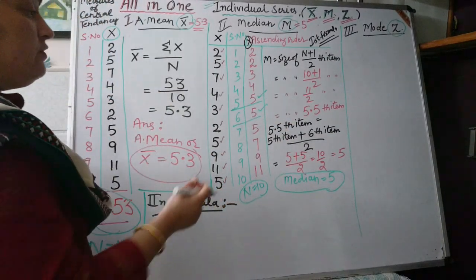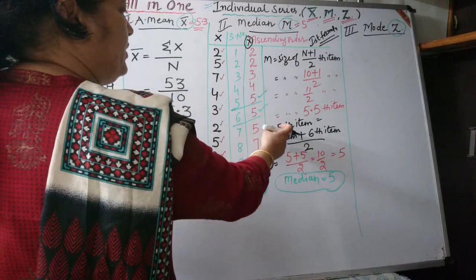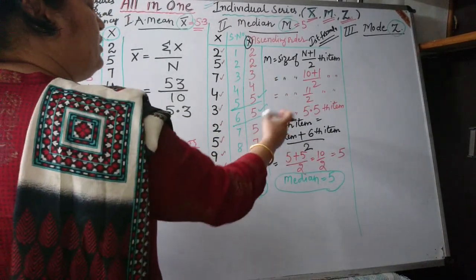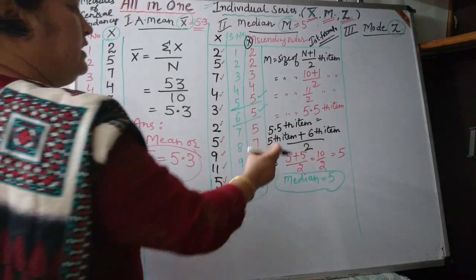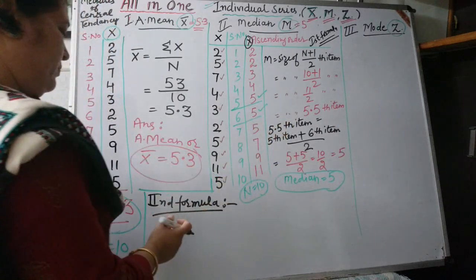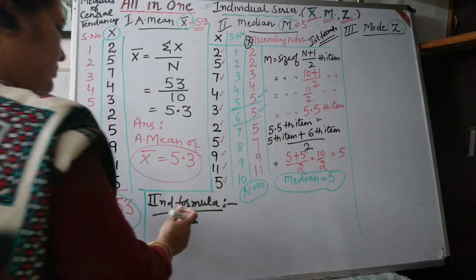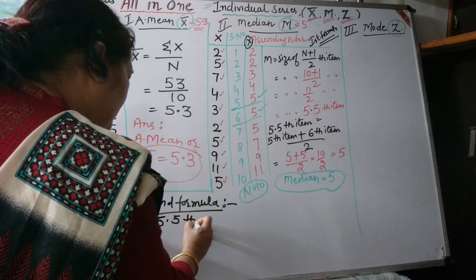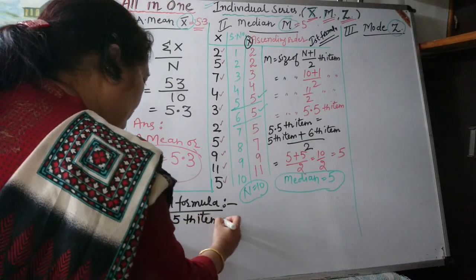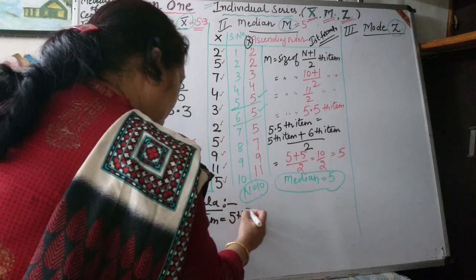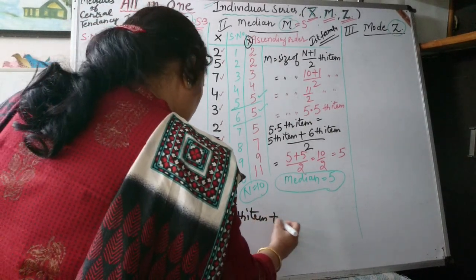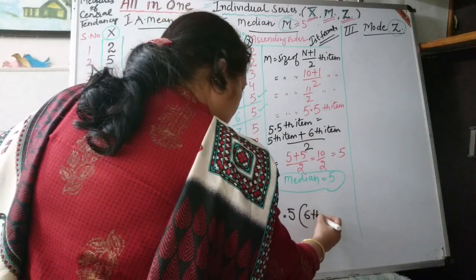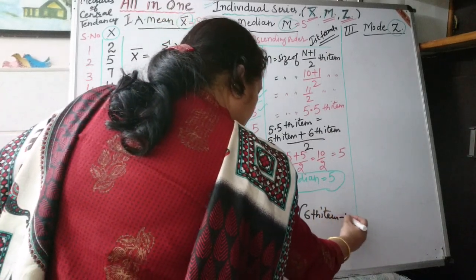But suppose instead of 5.5 you have to calculate 5.25 or 5.75, then this method is not appropriate. Then we will follow this method. It means here I am writing down 5.5th item is equal to 5th item plus 0.5 and in the bracket 6th item minus 5th item.